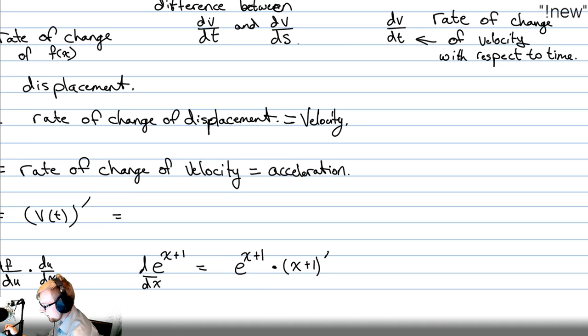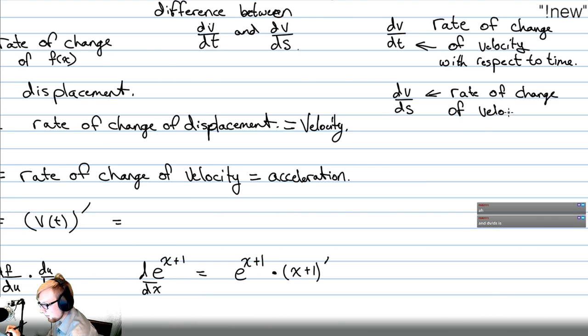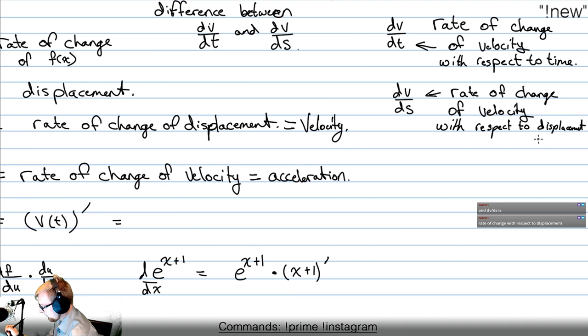Now, dv/ds is your rate of change of velocity with respect to displacement, s.